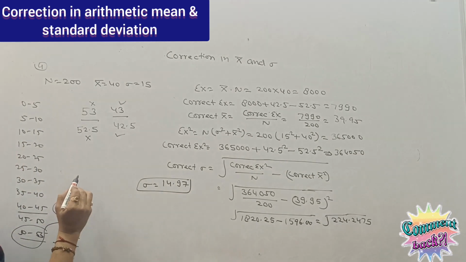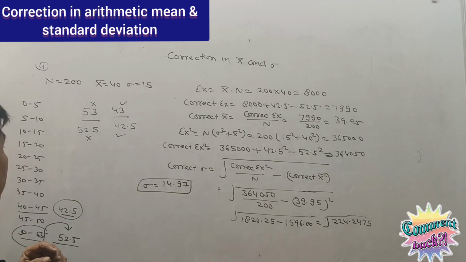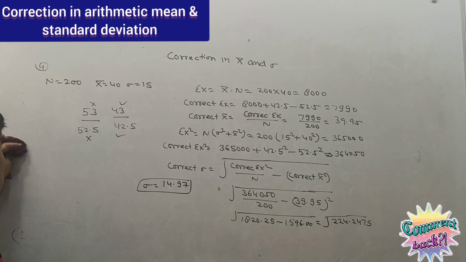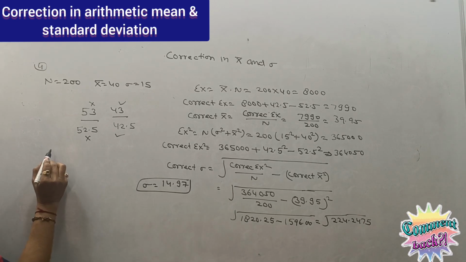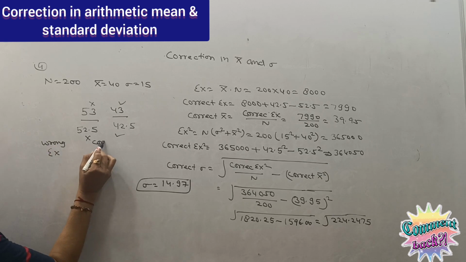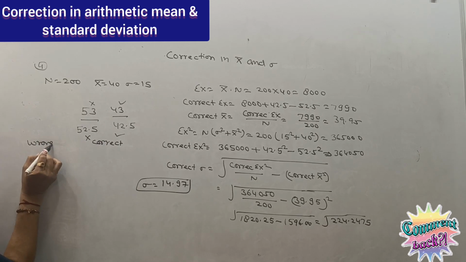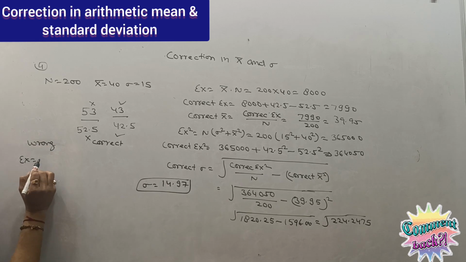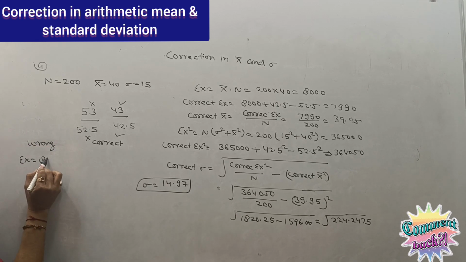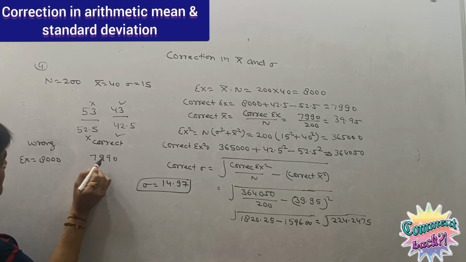So here we write the wrong and correct values. Sigma x was 8000, correct is 7990.